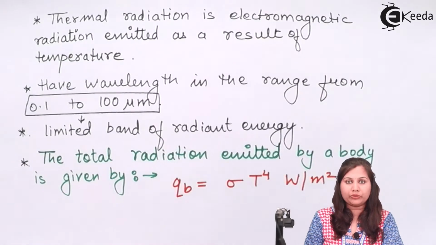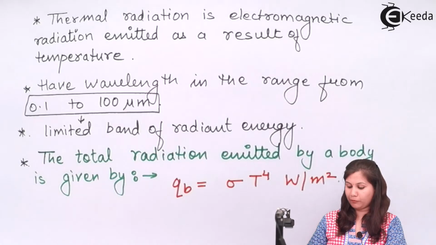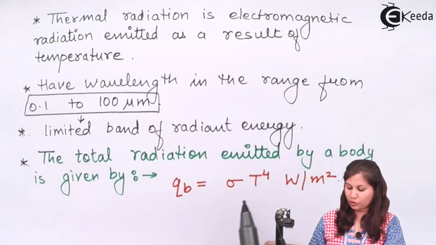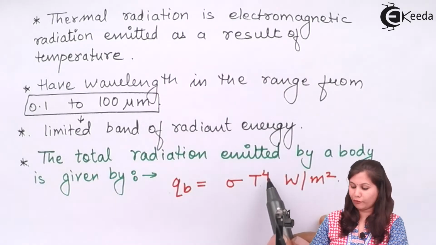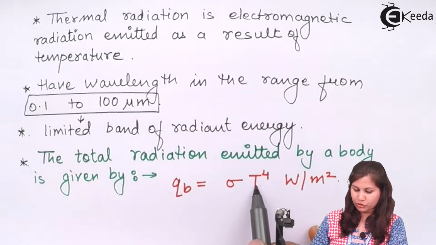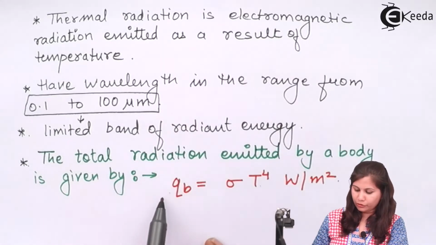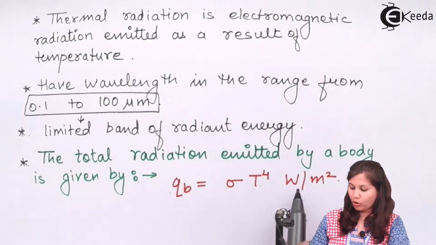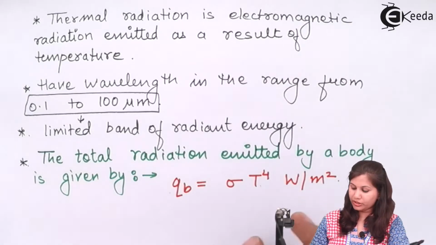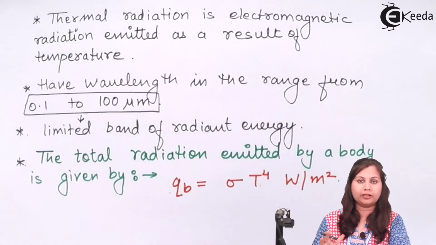Every object is going to radiate energy, and the total radiation emitted by a body is given by this law, QB equals sigma T raised to the power 4, where T is the temperature, sigma is the Stefan-Boltzmann constant, and QB is the total radiation, in watts per meter square. So this much amount of heat is being radiated by the object.